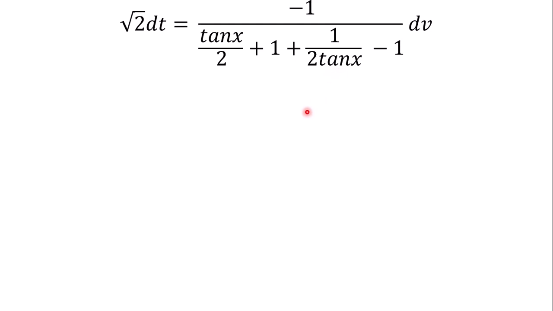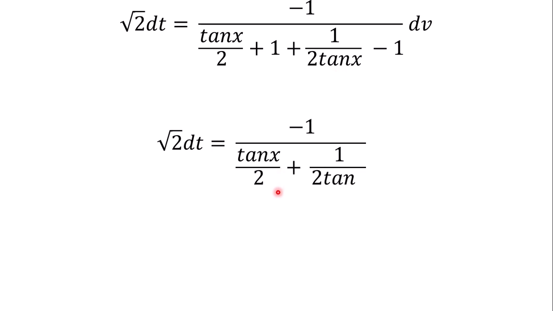Good. When we multiply this by this to give us what, 2 times what, tangent x squared. This times this will give us what, 2, and then this times this will give us 4 tangent x.